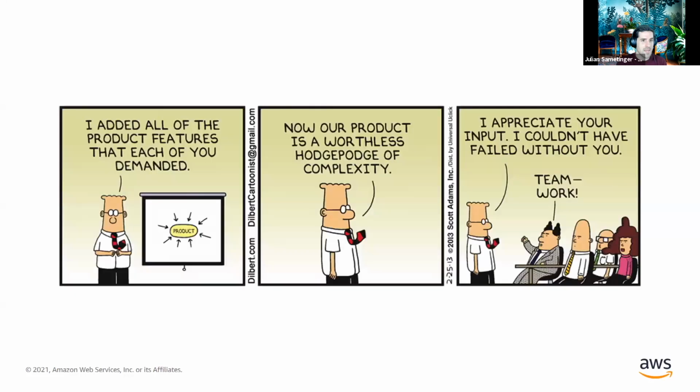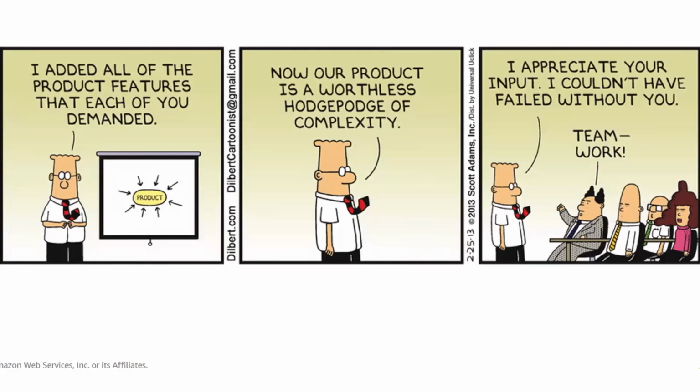And I found this Dilbert cartoon a few weeks back, which I shared with the product team that I work on, and that was really helpful to illustrate this, where you have an engineering manager or maybe a product manager who, as you can see, added a whole lot of features to the product, and that didn't quite work out.